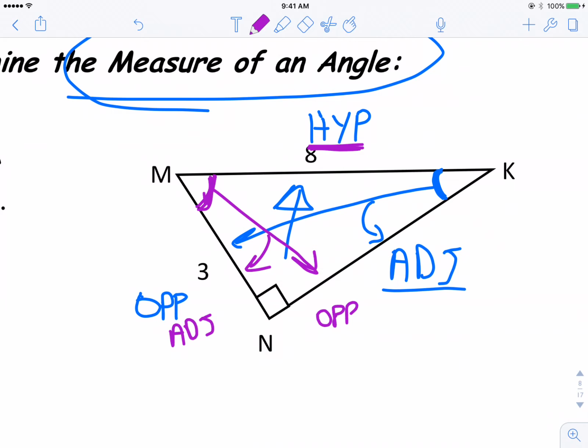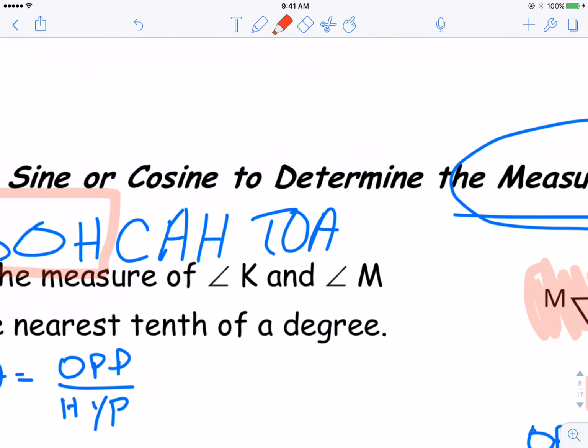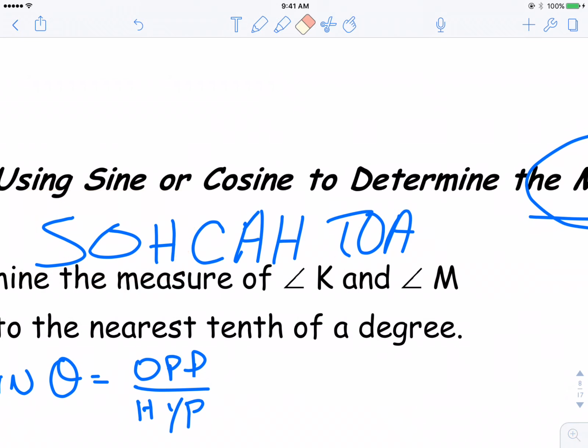So now I have to do that rethinking all over again. If I'm looking for angle M, and I have my hypotenuse, and I have my adjacent side, okay, what trig function relates adjacent and hypotenuse? Well, in this case now, it's cosine.